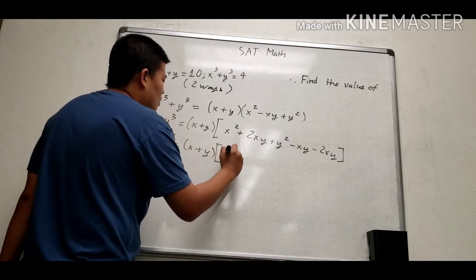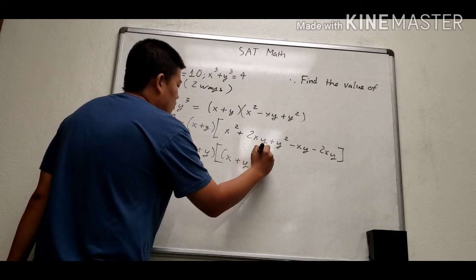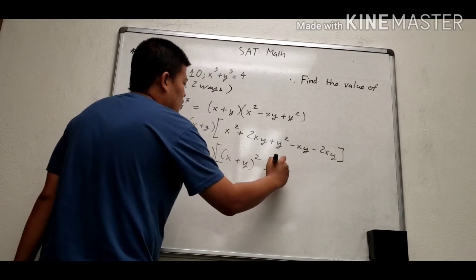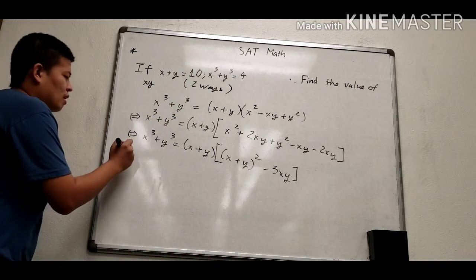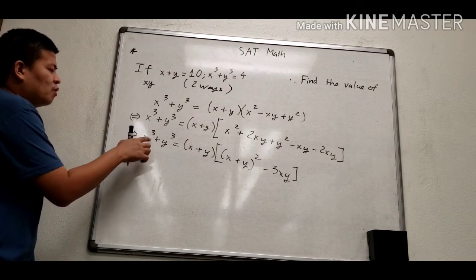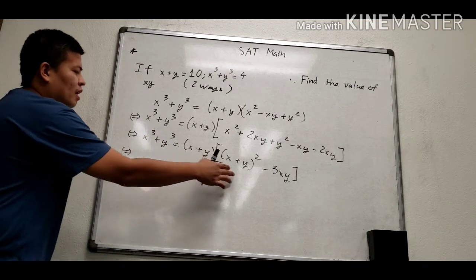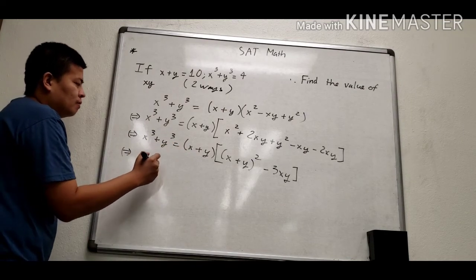So this one then will become x plus y, everything with power 2, xy and xy they will become 3xy. So now we have x power 3 plus y power 3 and we have xy and xy. So we have the numbers in here and we just input for them.